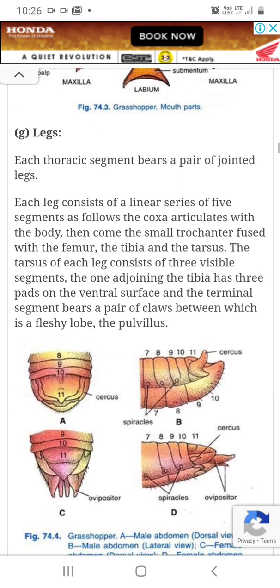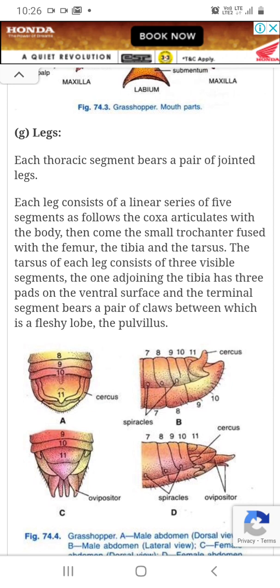Leg consists of coxa, which articulates with the body. To it is attached another segment called the trochanter, which is fused with femur, followed by tibia and tarsus. The structure is similar to that of cockroach.